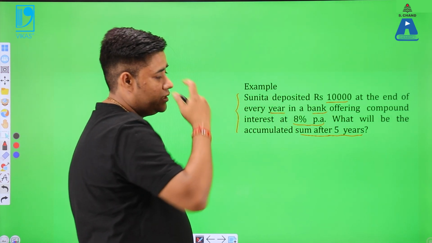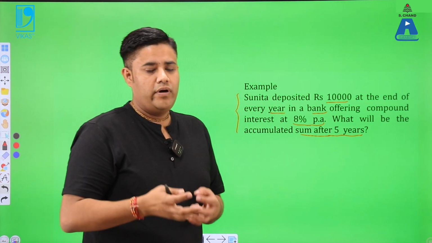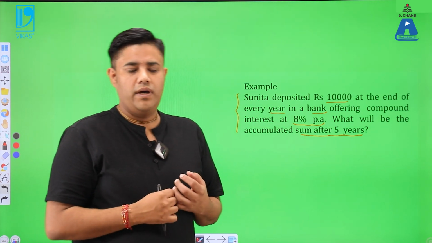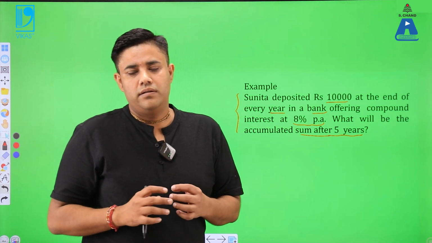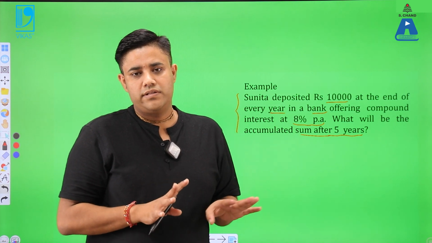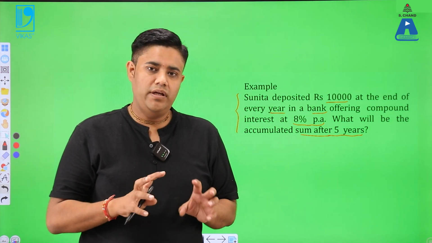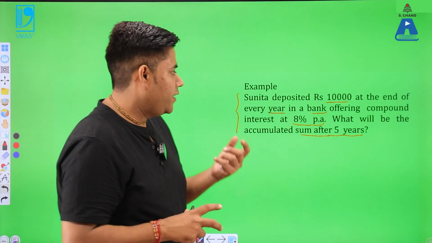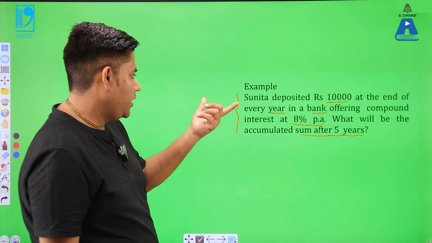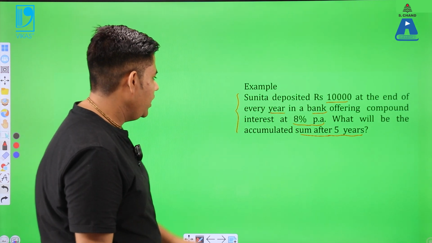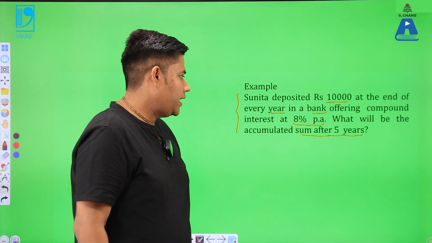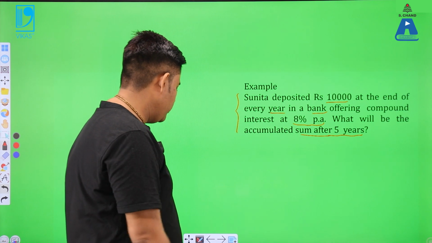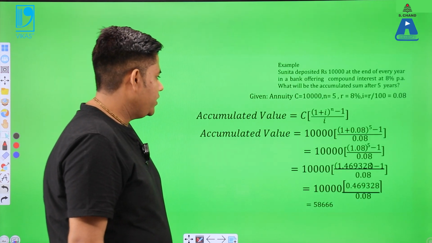And that person is not withdrawing that particular amount from the bank. So that particular amount is termed as the annuity value. So here you have that C value which is given, and that C value is 10,000, and rate of interest is mentioned as 8%, and you need to find out what would be the accumulated value.